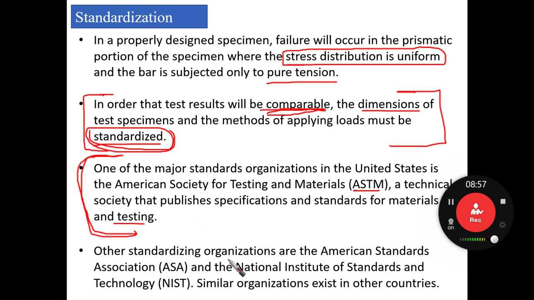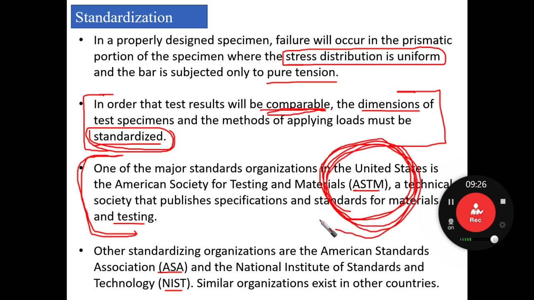Other standardizing organizations are the American Standards Association, ASA, and the National Institute of Standards and Technology, NIST. Similar organizations exist in other countries. Other countries also have their own standardization, but ASTM is one of the most worldwide-accepted organizations for standardization of testing for steel, concrete and different materials.